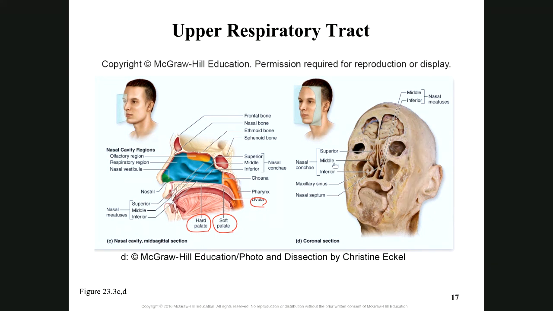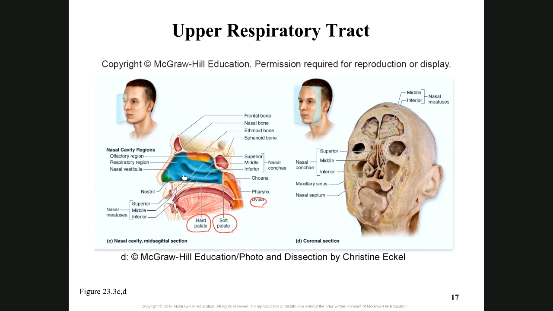In this sagittal section, you can see the superior and the middle nasal concha. They are projections from our ethmoid bone. But we have another concha, which is the inferior nasal concha. This inferior nasal concha is a separate bone, and you can see it on both sides.